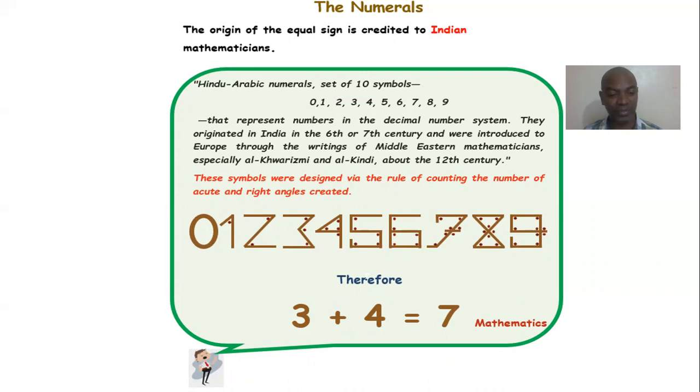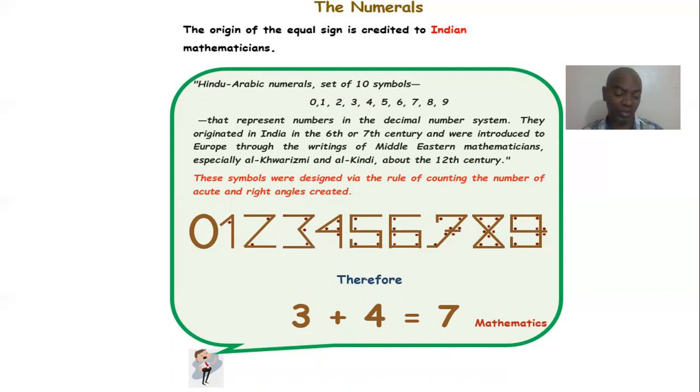For example, the circle, we call it 0 in English. It has no acute or right angle to count, so nothing, because in mathematics 0 is a symbol to represent nothing. No quantity is present. Then the number 1, as you can see, has only one acute angle. That's why the number 1 has that shape.